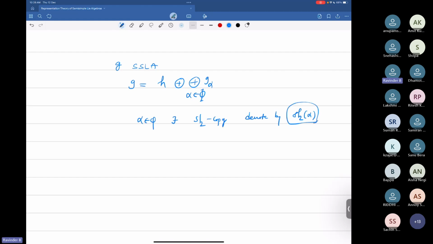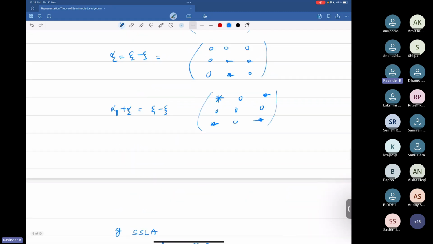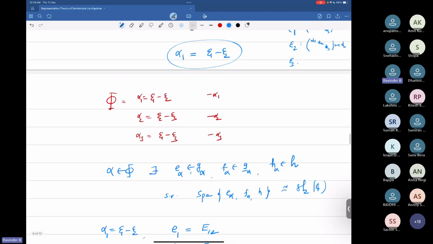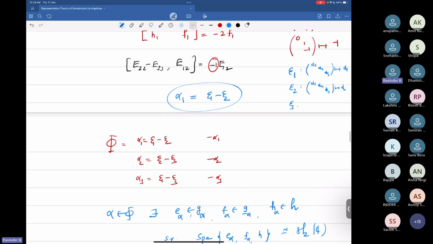Now I want to separate it as upper triangular and lower triangular, right? So that's what I want to make. So if you look at this picture, I want something analogous to upper triangular and lower triangular for any semi-simple Lie algebra.